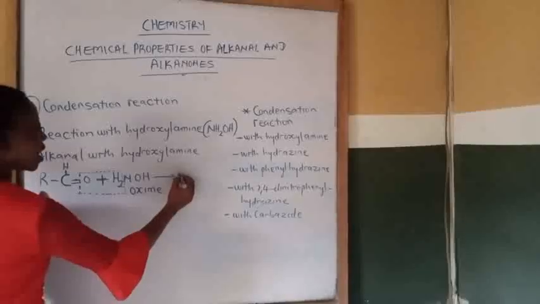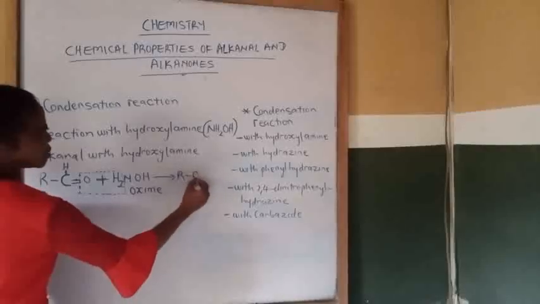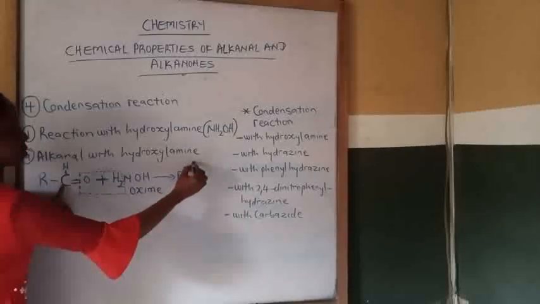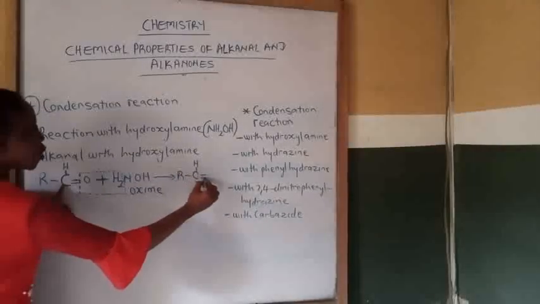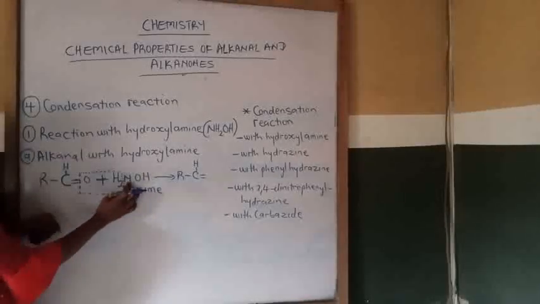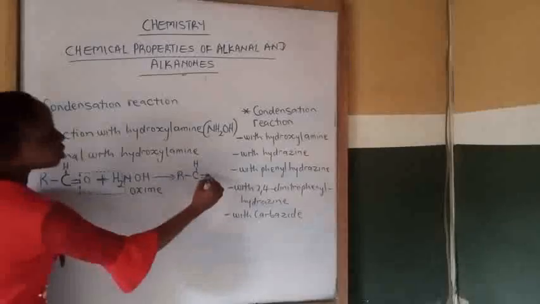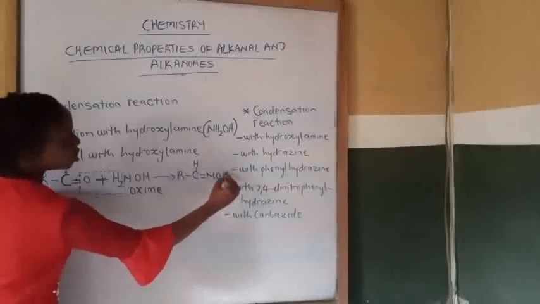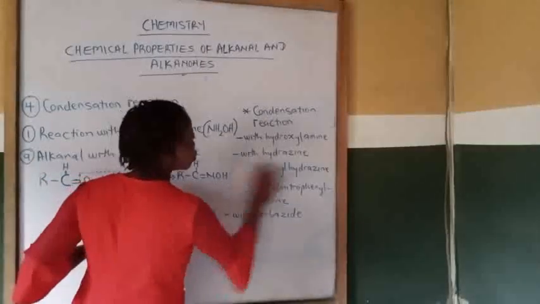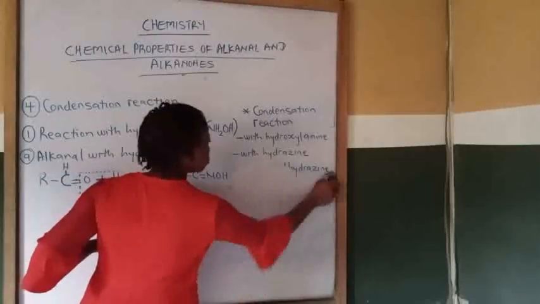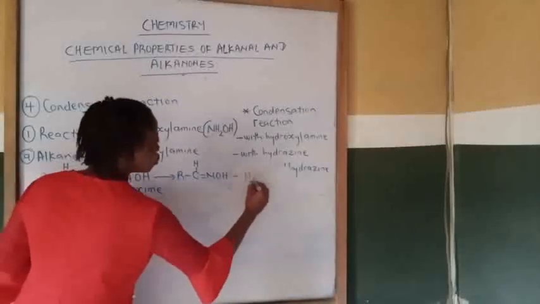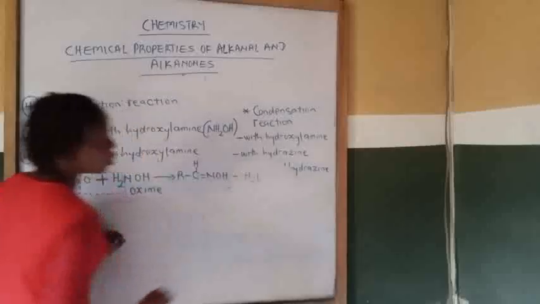It will be RCH, then the double bond combines with the remaining part of the reactant particle, that is NOH. NOH, plus H2O. So that is the product formed.